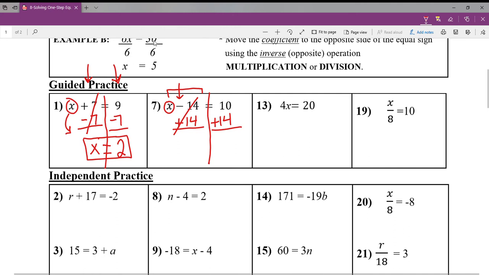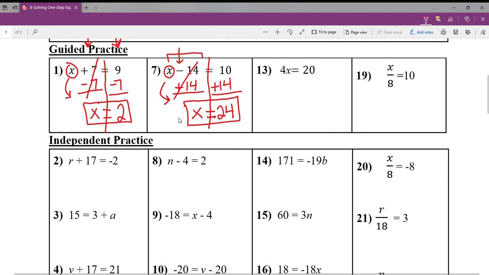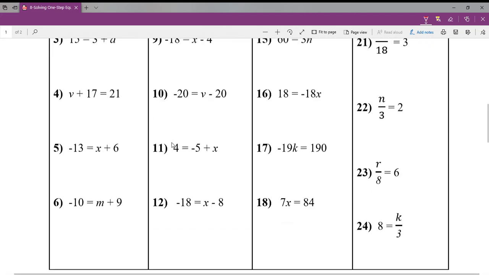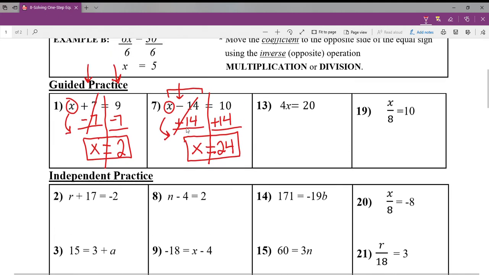So then 10 plus 14 gives me 24. Bring down my equal sign and bring down my variable. So x equals 24. So 8 through 12 are practicing those types of problems.